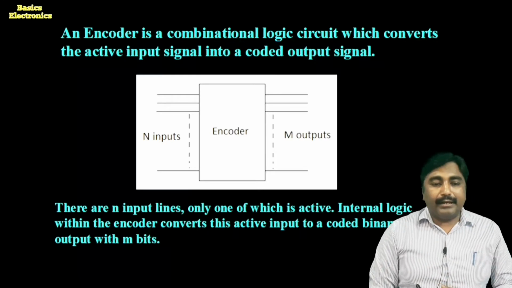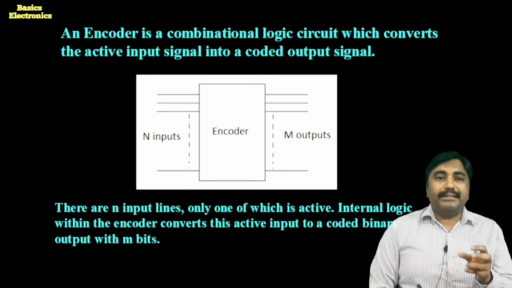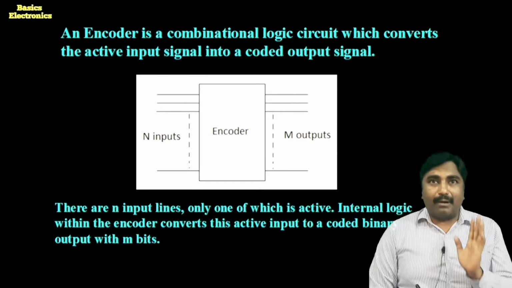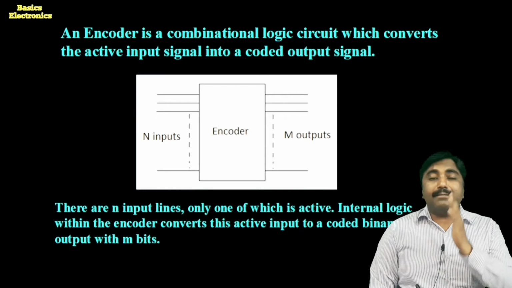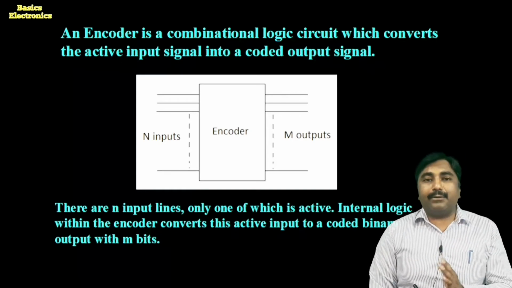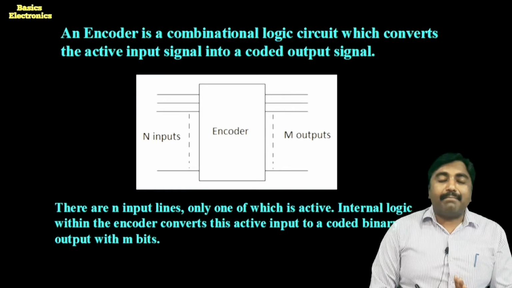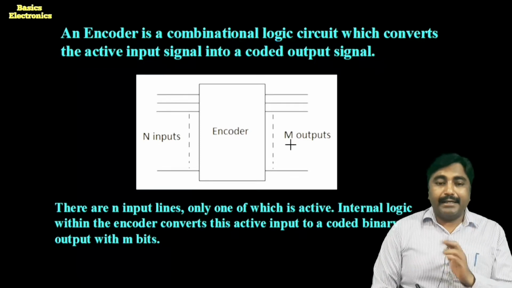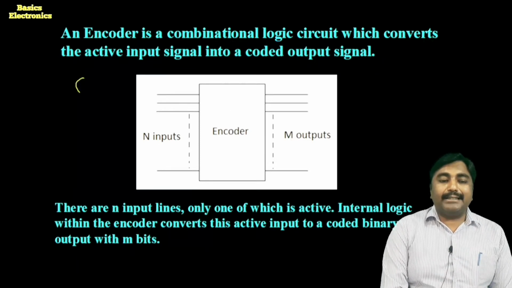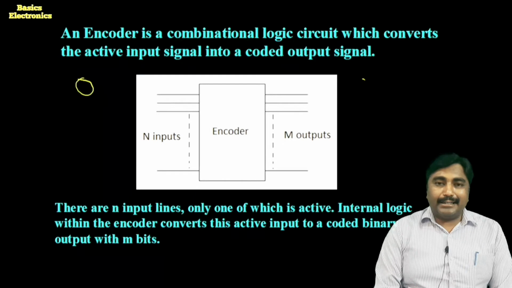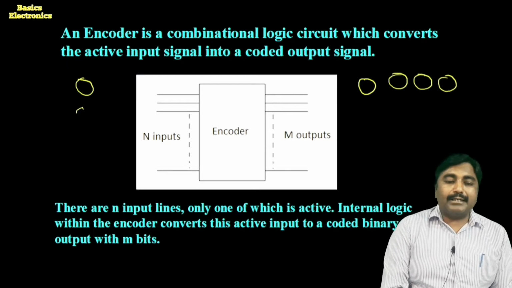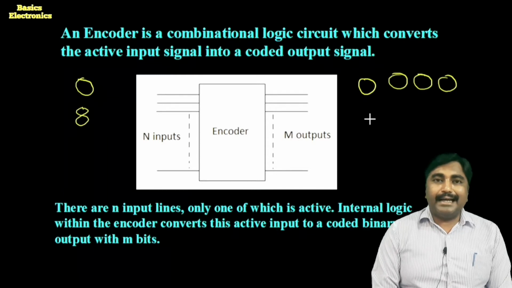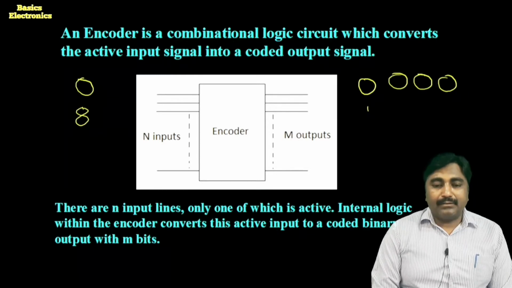Before going towards the decimal to BCD encoder, I would like to tell you a sentence about BCD. BCD is a binary format, but it is a coded format. Here the decimal digit is coded into binary, and that binary is 4-bit. If we consider the decimal digit 0, its coded output is 0000. For the decimal digit 8, the coded output is 1000.